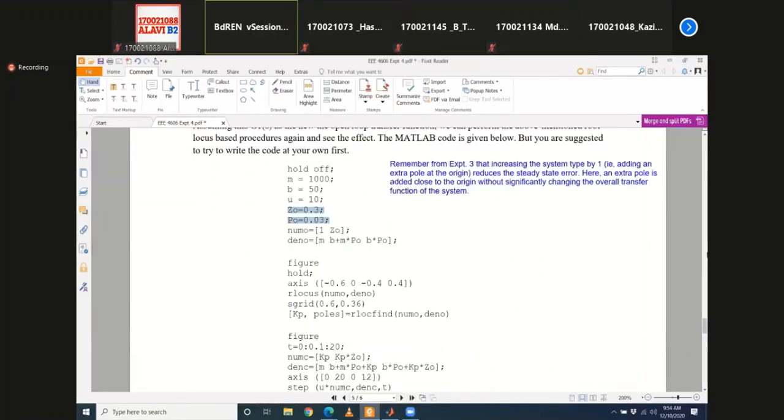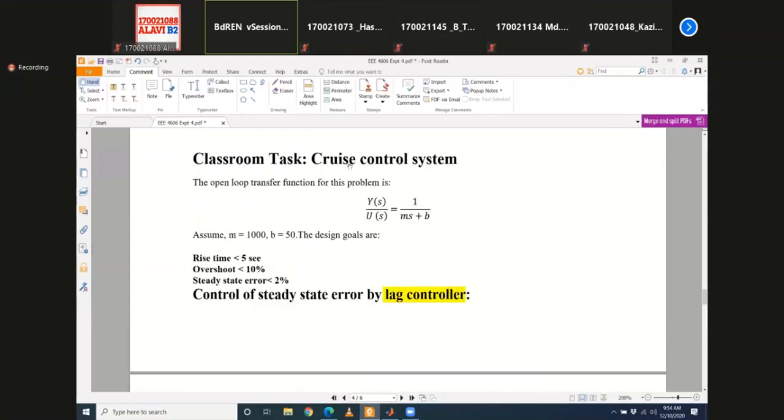Okay. So now your lab task: do this cruise control system on page 4. This is your transfer function. You have to fulfill rise time less than 5 seconds, overshoot less than 10%. You do not need to do the steady state error part. Do this part in the same manner that we have already shown in the previous example, right? And attach the screenshots in a Word file.